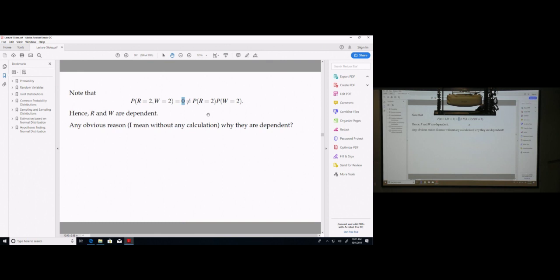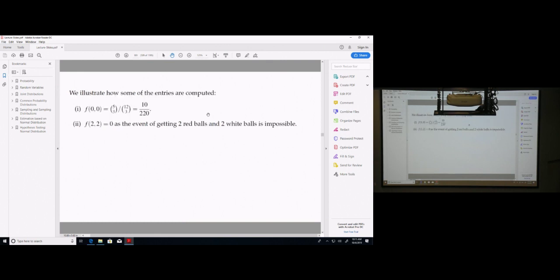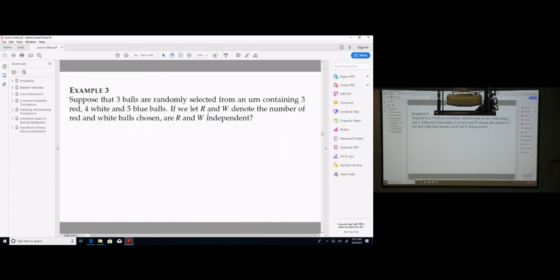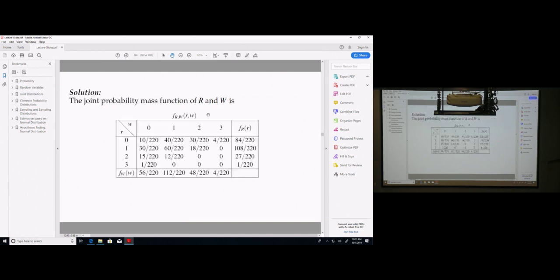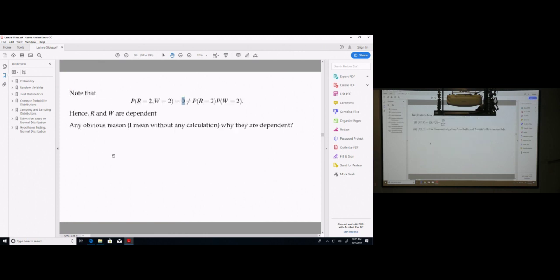Also, of course, if the question itself is just asking us whether they are independent, we don't really need to do so much work. We don't need to do the entire table. All we need to do is to check that it is not true for some choices of number here and some choices here. So the choice here is exactly to choose something that is impossible to achieve, because you are now picking up 4 balls.